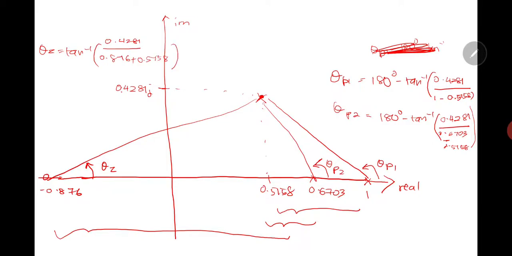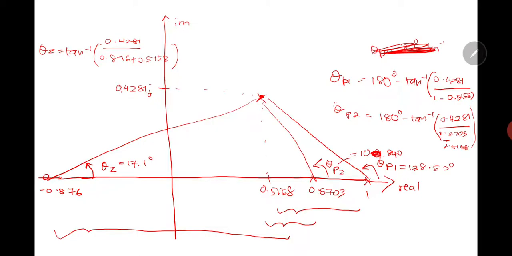So calculate this value. If you calculate this value, you should be able to get theta P1 equals 138.52, theta P2 is equal to 109.84, and theta Z is 17.1 degrees.